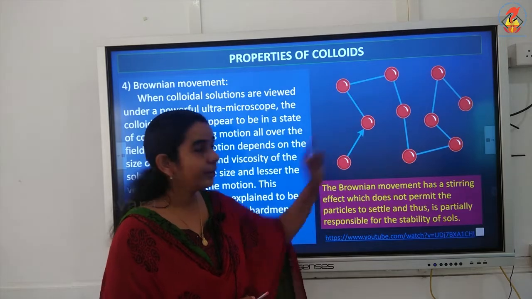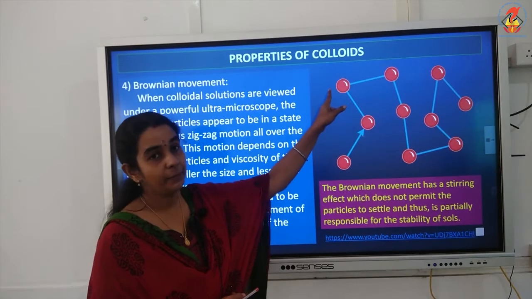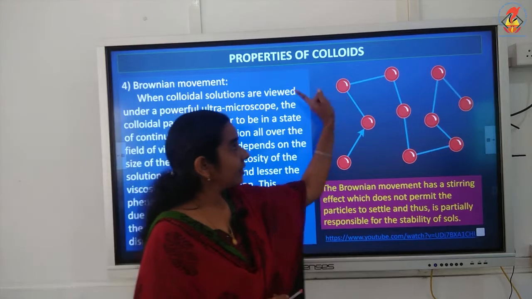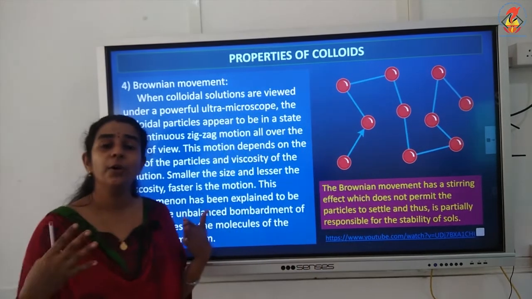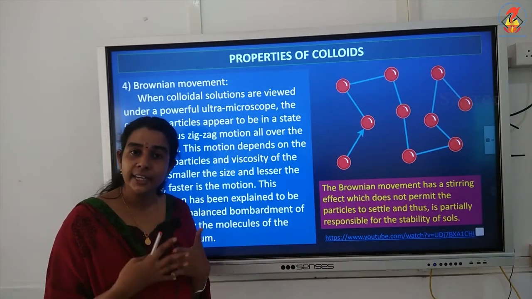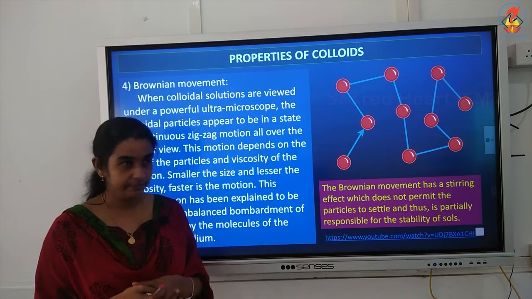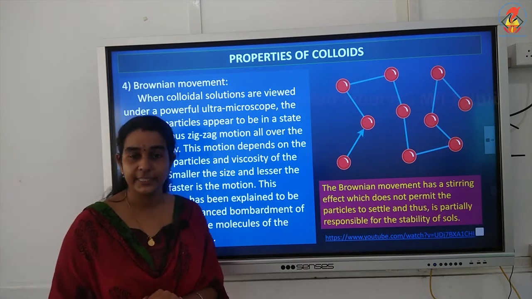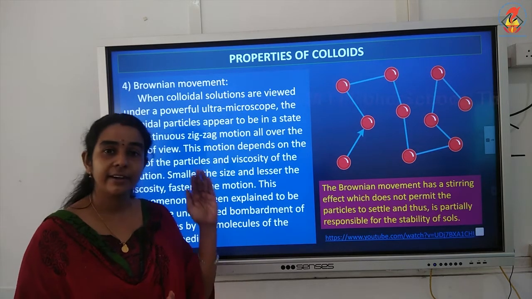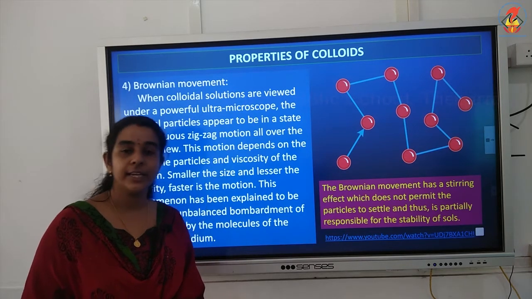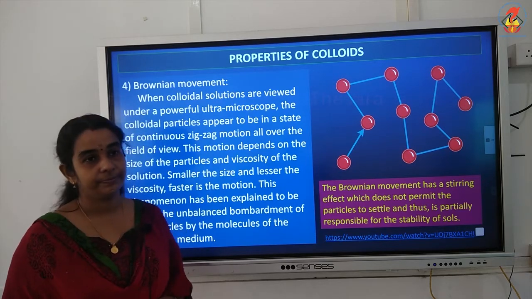If one colloidal particle is moving in this direction, the other one will be moving in another direction, and another one in another direction. So, they will always be continuously colliding, bombarding each other. Due to this random or zigzag motion, the particles will be colliding with each other.